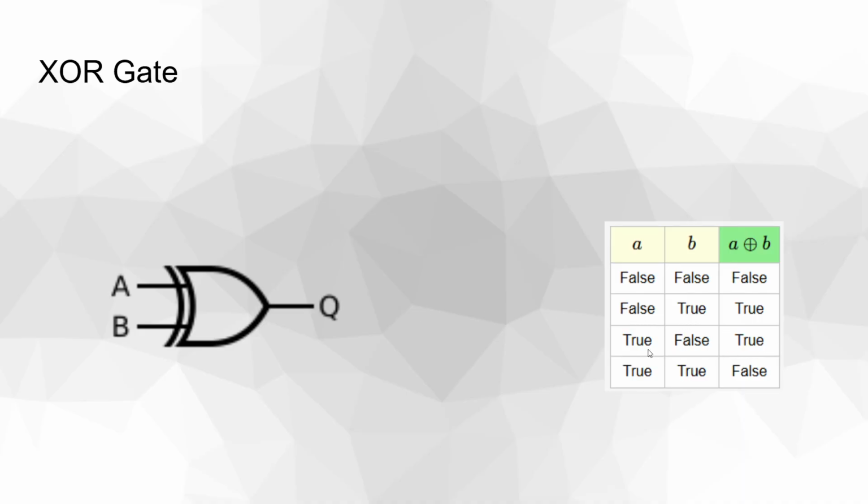You can see that in the truth table here: when A is false but B is true, it is true, and when A is true and B is false, the output is true. The Boolean symbol for this is the plus with the circle around it, or a circle with the plus inside of it, depending on how you look at it. The XOR gate has a lot more functionalities than you might initially expect, and you'll see that later, especially that it can functionally be used to determine if an input is the same or not.